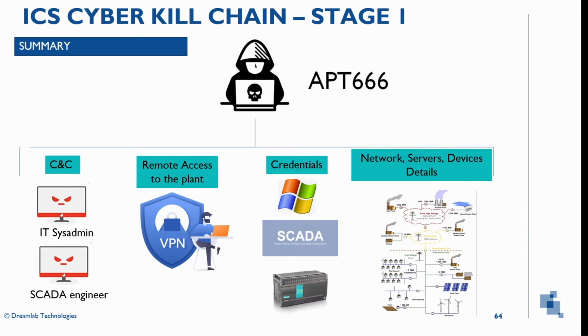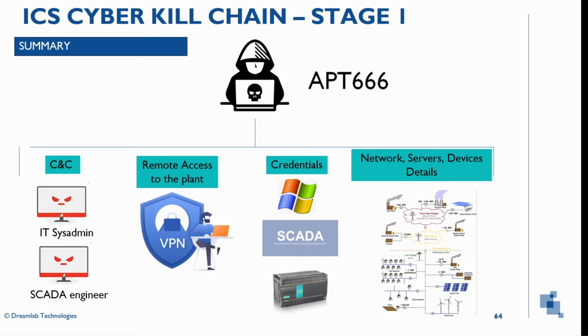So, as a summary, in this stage 1, we obtain the information and the sufficient means to access the infrastructure of the plant without the need to carry out other activities that could attract attention. Here ends stage 1, where part of the information obtained will be useful to complete stage 2.